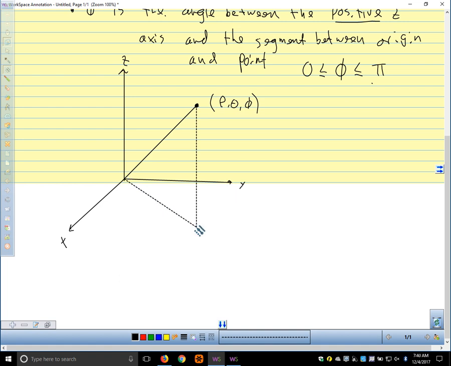I'm going to draw that segment in the xy plane. And I'm also going to project over here onto the z-axis, like so. This angle is phi. This distance is rho. And this angle is theta. And this is a 90-degree angle here.